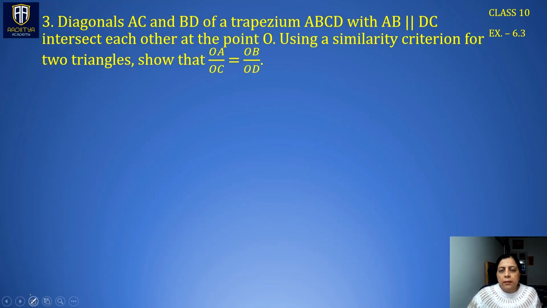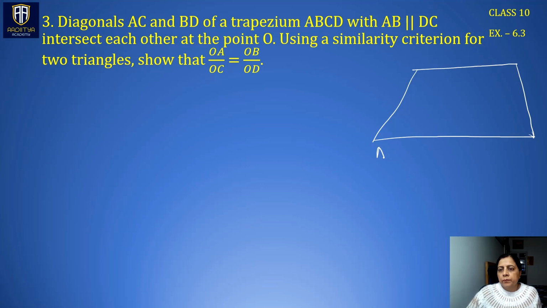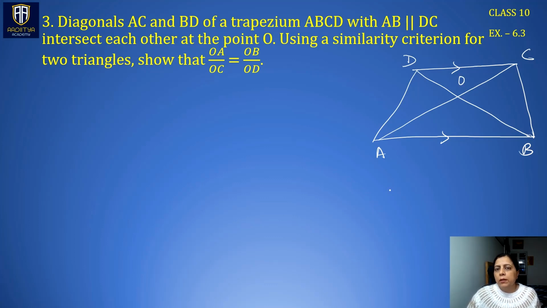Next question: diagonals AC and BD of a trapezium ABCD with AB parallel to DC intersect at point O. Using a similarity criterion for two triangles, show that OA upon OC is equal to OB upon OD. Now see what is given to us.